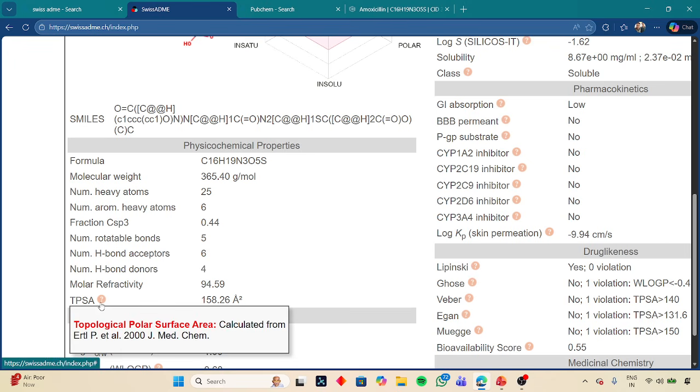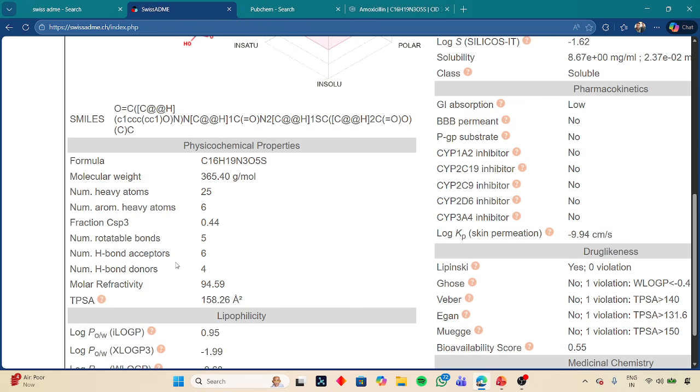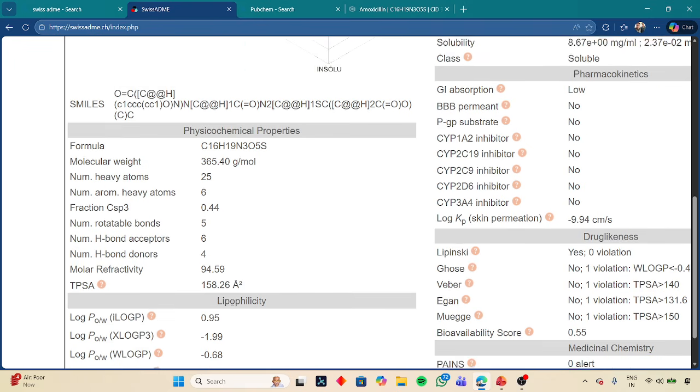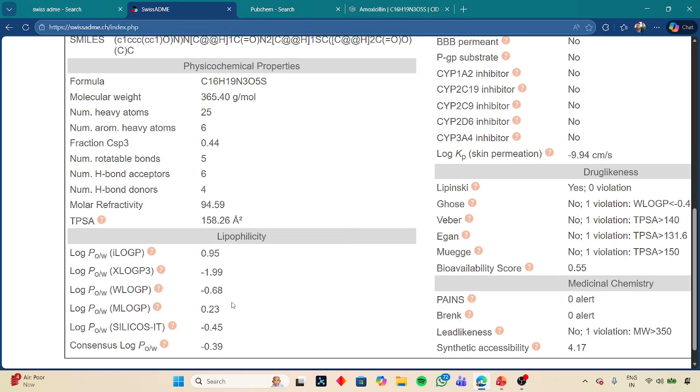Talking about the topological polar surface area, that is the polar surface present on the drug molecule, the polar regions. The polar region is 158.26 angstrom squared, and the topological polar surface area must be within 150. Somehow it is violating the topological polar surface area.